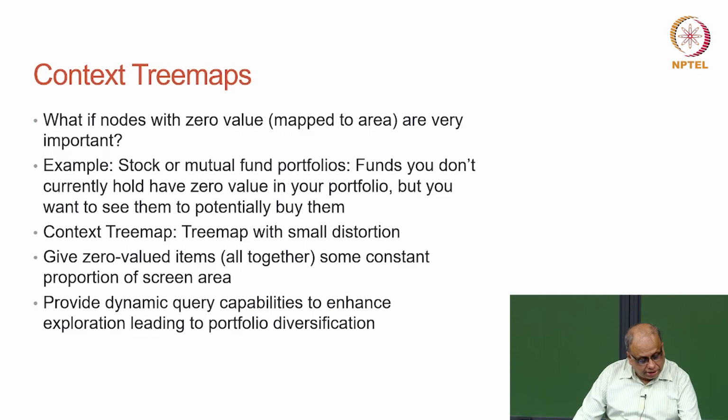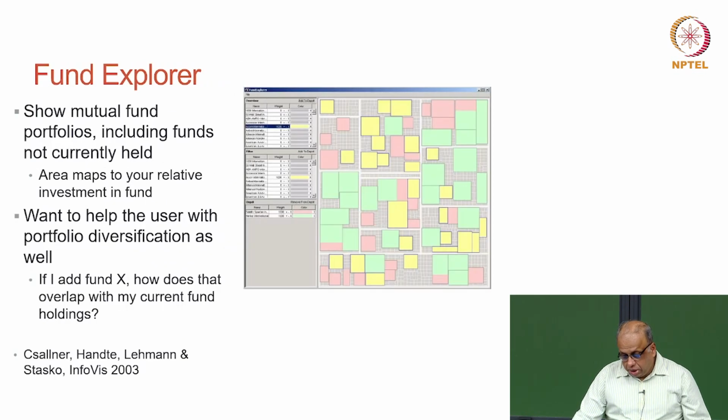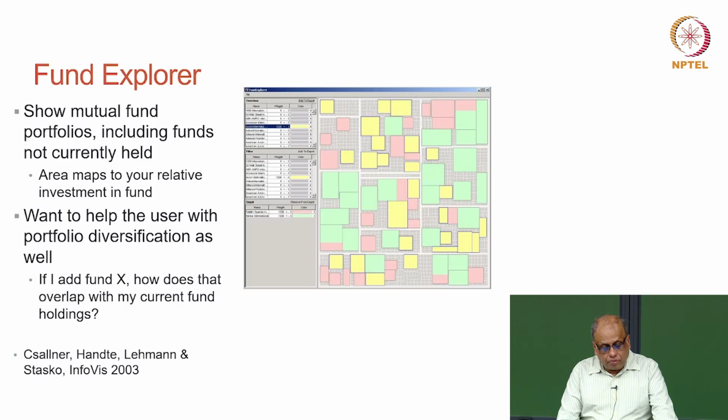So that is something you can do. This is an example of that, showing a mutual fund portfolio, including funds not currently held. Okay, so for things that you don't hold, you still give a small area to show stocks that you don't own. Okay.